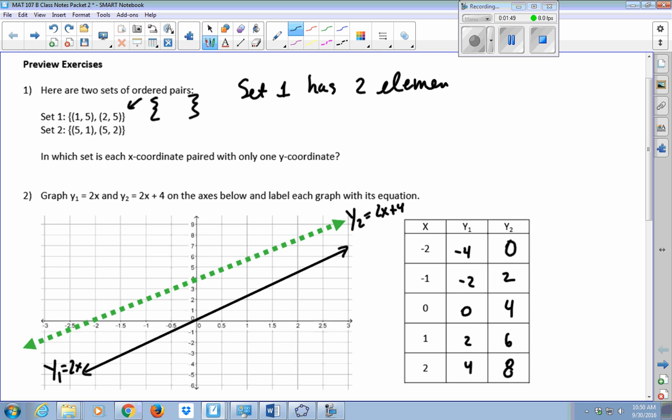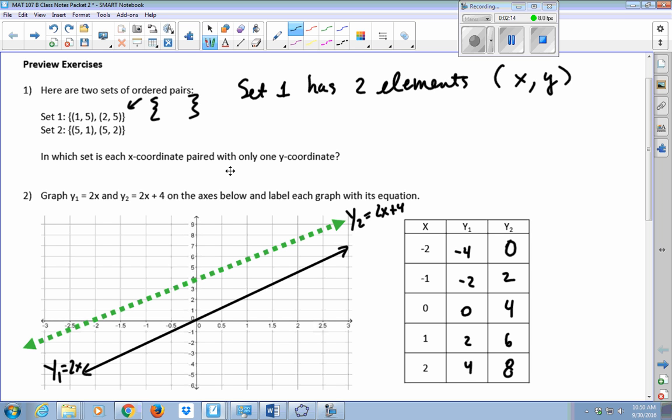And remember, your individual elements are always separated with commas. So when you write a set and you have more than one element, you use a comma between your individual elements. And these elements happen to be ordered pairs, that we typically would write like this. So set 1 and set 2 each have 2 elements. Both of them are ordered pairs.